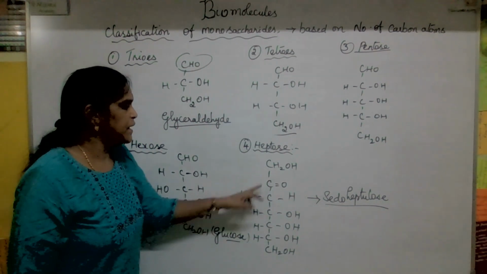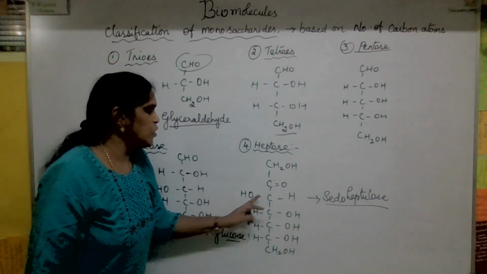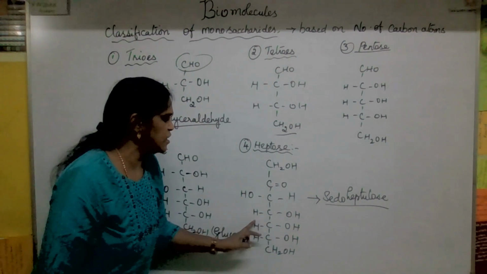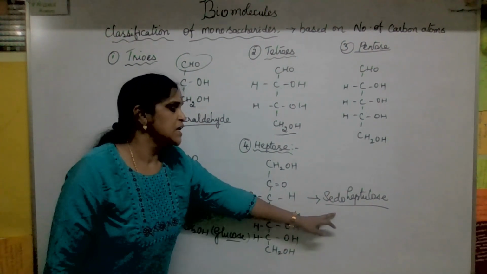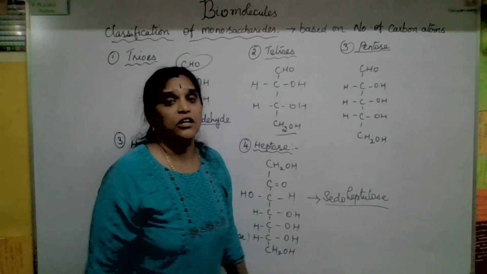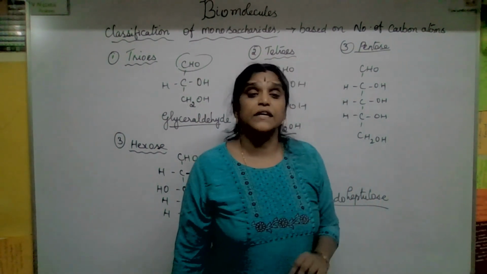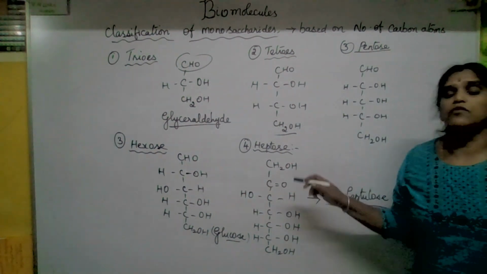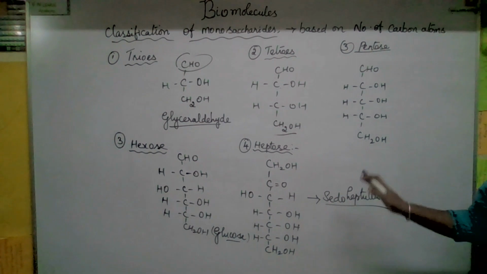Okay, now you remember heptose here CH2OH, C double bond O, here full 7 carbons are there. OH, HOH, HOH, and HOH, CH2OH. This is pseudoheptulose. Okay, so these are the points we can bring. These are examples only for the classification of monosaccharides based on the number of carbon atoms.